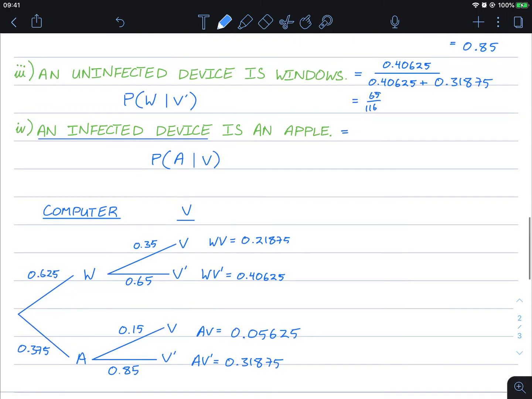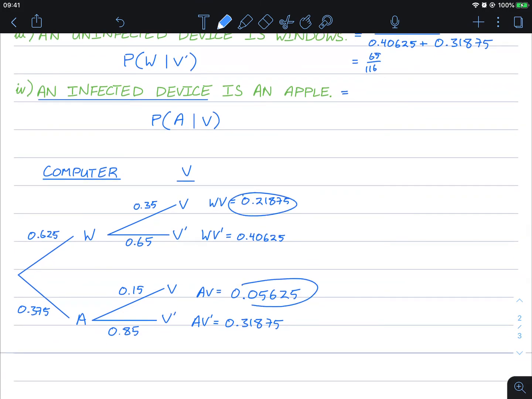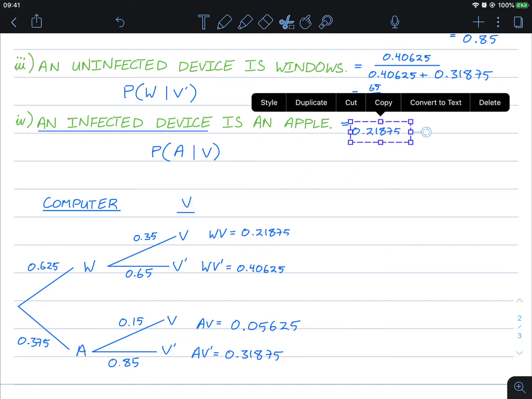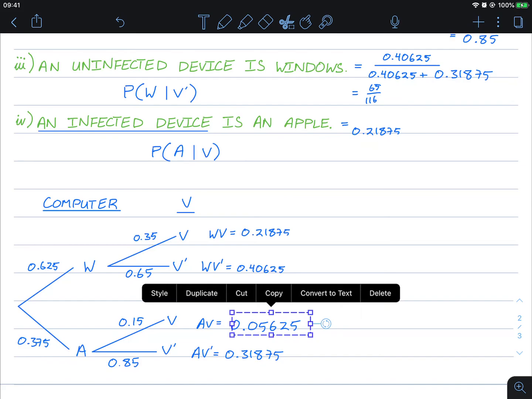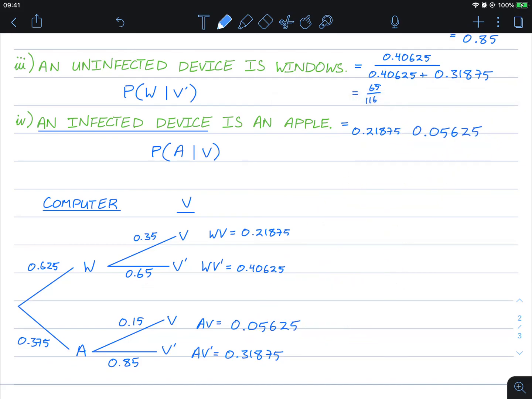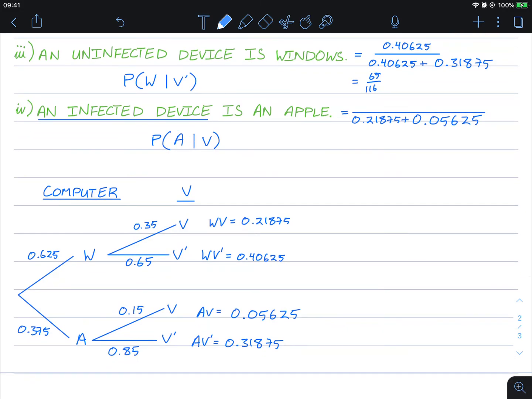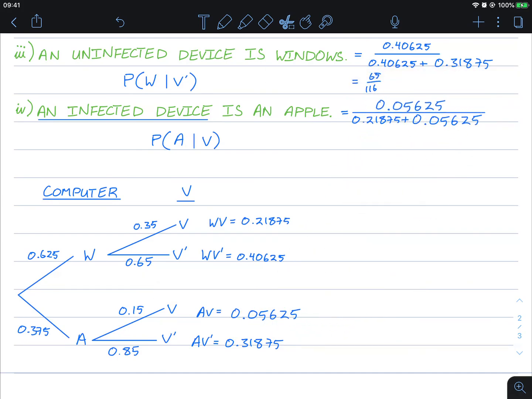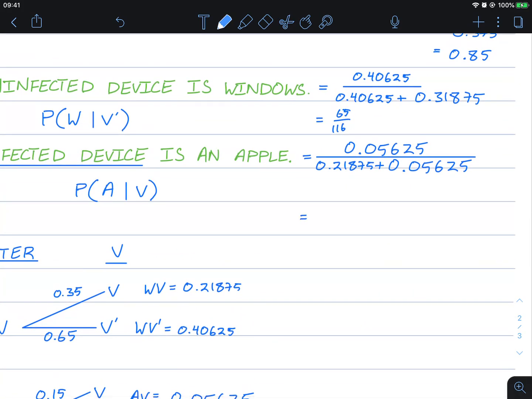For this, we look at those that are infected, so with a condition of V. So we want this one plus this one. The sum of these two is our new sample space. And what we want is the Apple, so we want this condition here.